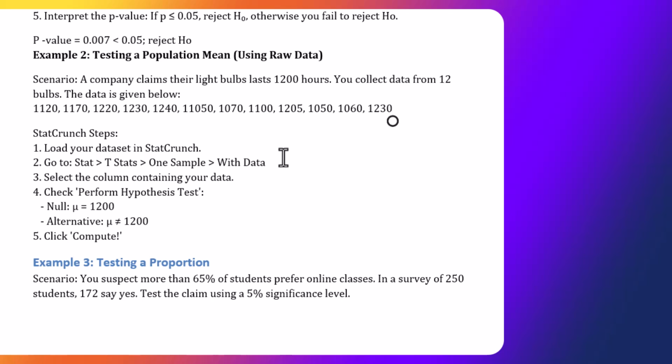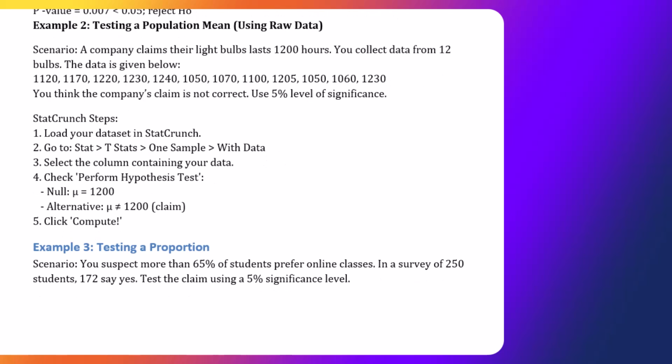That's the claim. Okay, so as I said, we have a company that claims that their light bulbs last 1200 hours. We collect the data from 12 bulbs, and then we don't believe that the company's claim is correct, so we need to study, we need to verify, just that.